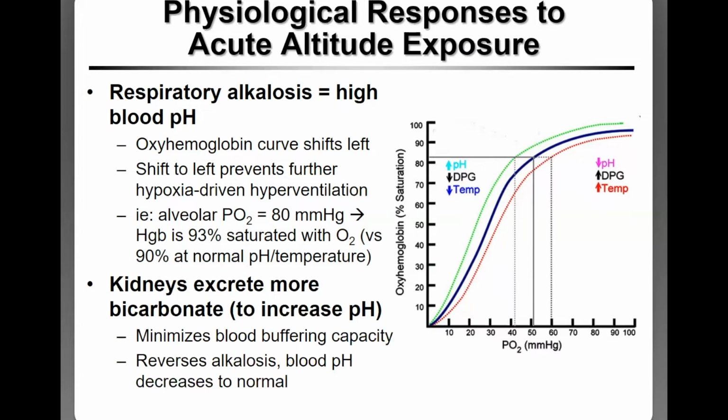So this has a hydrogen ion sparing effect, where if there's no bicarbonate for that hydrogen ion to bind to, then it inhibits us from getting rid of more CO2. So by the kidneys excreting bicarbonate, it helps us to keep the hydrogen ions in our body because it doesn't give the hydrogen ion an option to bind to it and then be expelled from the body.